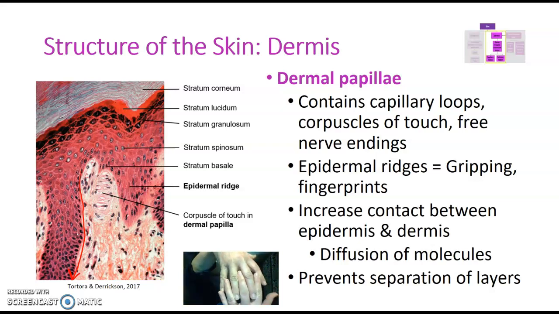And what happens is that they lock together so that our two layers of skin can't slide and separate from each other. So because we have these ridges, we have increased surface area. We've increased the contact between the epidermis and the dermis itself.